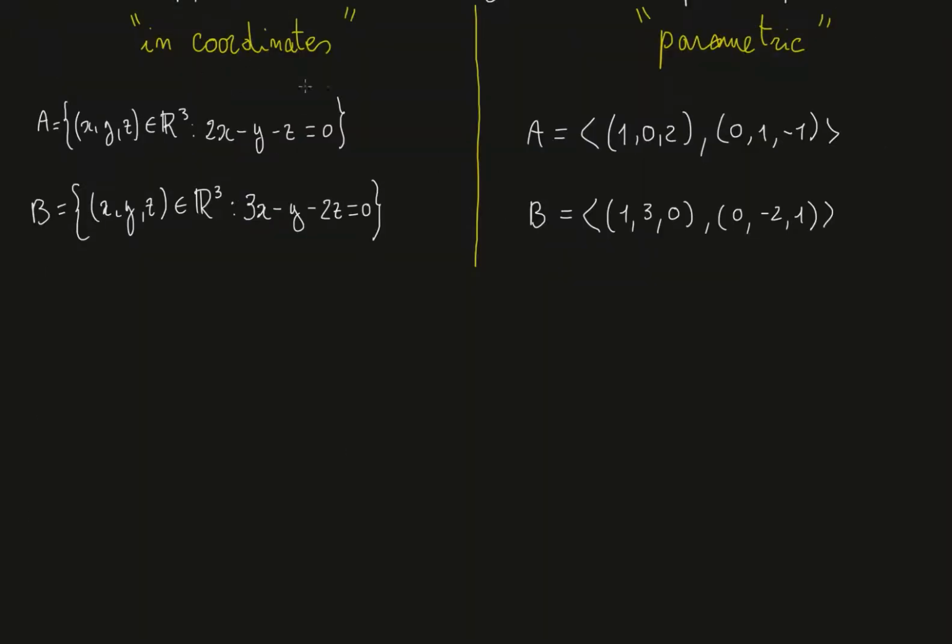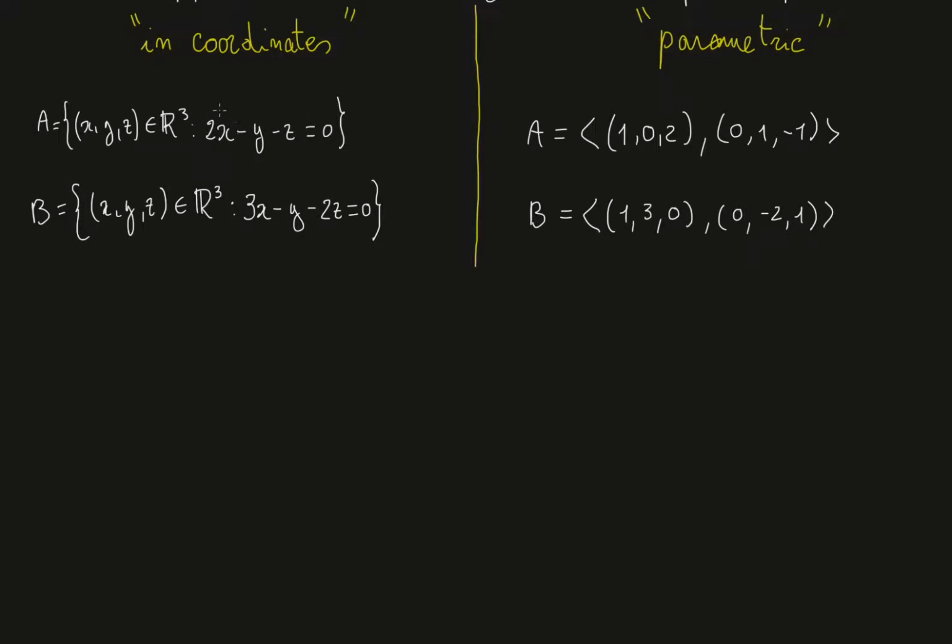Each of these representations has its own advantages and disadvantages. For instance, if you want to check that a certain number of vectors belong to A or don't belong to A, certainly the coordinates representation of the subvector space is much more useful, because you just have to plug in the coordinates of the vectors you have and see if this equation is satisfied or not.